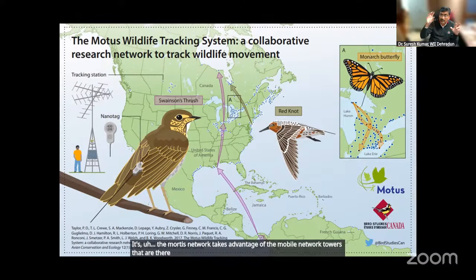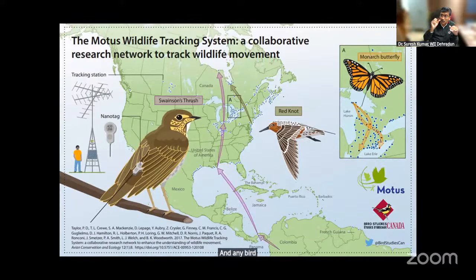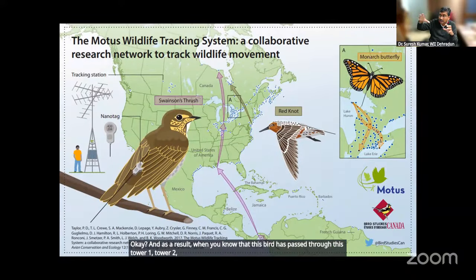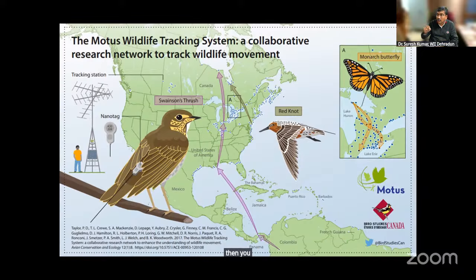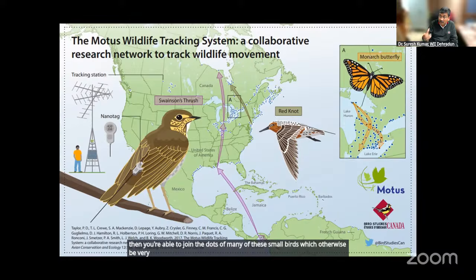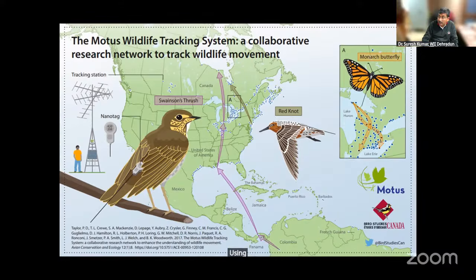All that it requires is that they need to put a tracking station out there, and any bird that is passing through with a small tag, the information is being picked up by the tower. And as a result, when you know that this bird has passed through tower 1, tower 2, tower 3, and things like that, then you're able to join the dots of many of these small birds, which otherwise would be very difficult to track using satellite transmitters and things like that.